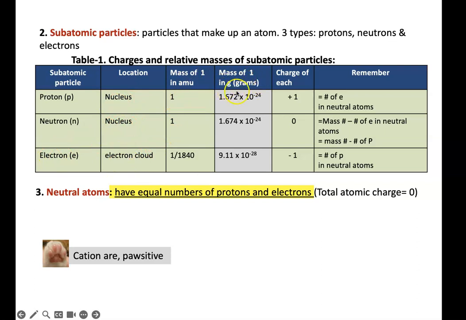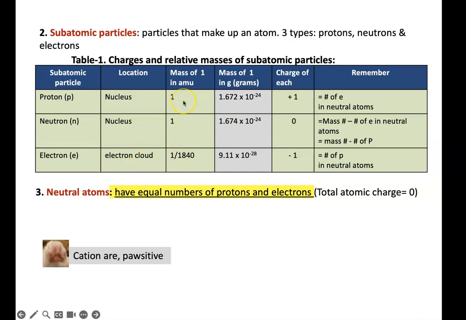Since they have such a tiny mass, this is a decimal number with 24 zeros before this number. So you can imagine it's tiny, and both protons and neutrons have a similar mass, though neutrons are slightly heavier because each neutron contains a proton and an electron.